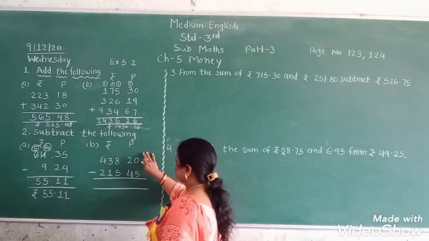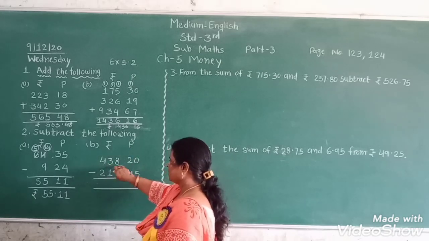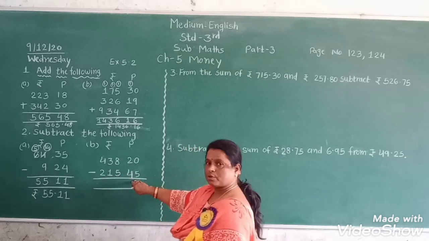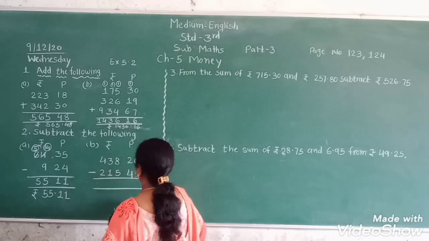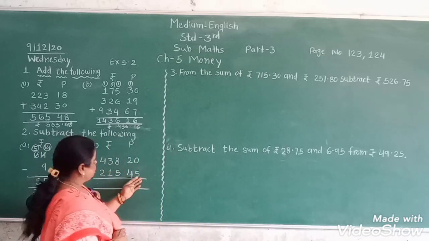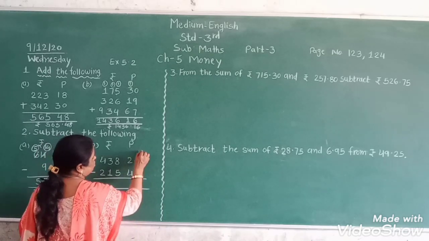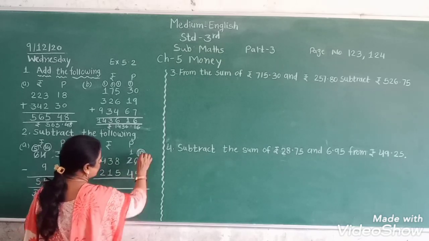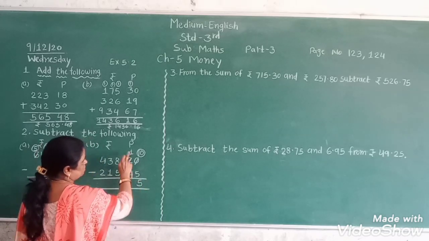B number sum, rupees and paise, 438 rupees 20 paise, 215 rupees 45 paise. Now we will do subtract. Here are 0 and here 5. So 5 cannot be subtracted from 0. We take borrow 10. Here we write 1. 10 minus 5, 5. 4 cannot be subtracted from 1.